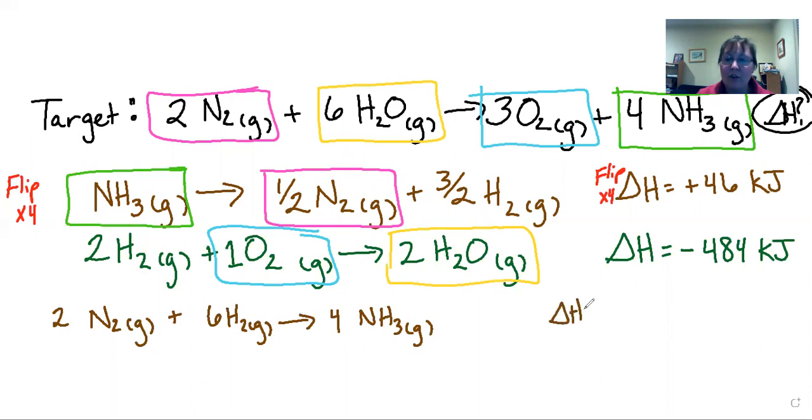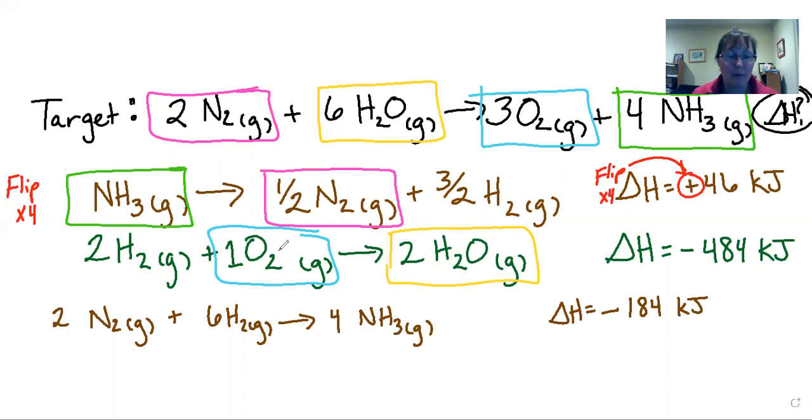Okay, and now the new delta H value for that is going to be a negative, because flipping it means changing the sign. And I need to multiply 46 by 4. And so I get negative 184 kilojoules for this equation. So the delta H value depends exactly on what we're looking at.